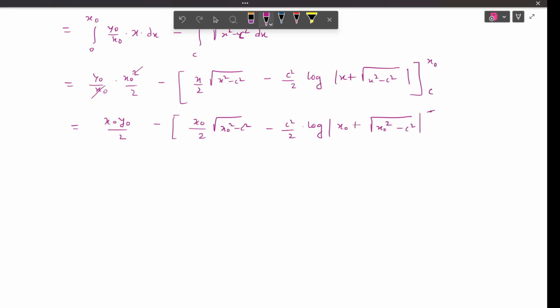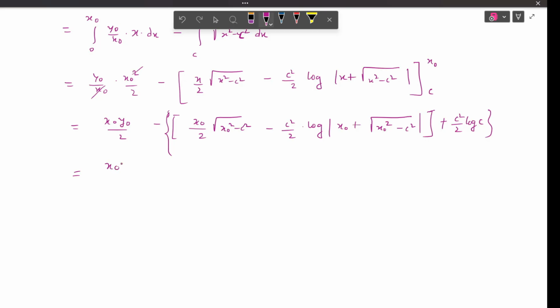This is the upper limit minus the lower limit. If you put c, this will be 0. So this would be minus minus plus c square by 2 log of c.